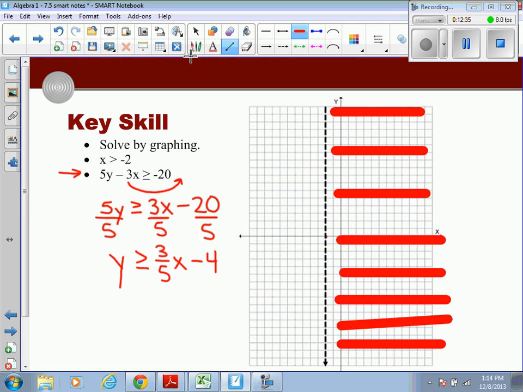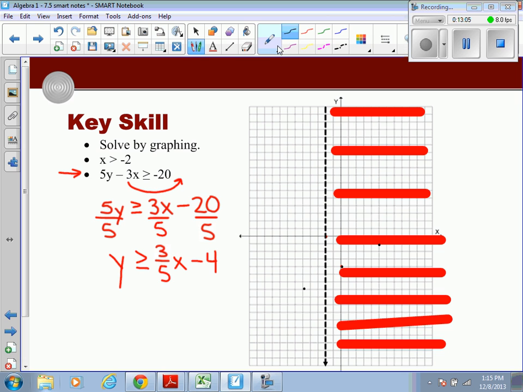Okay. Now I'm ready to graph my second inequality. This one has a y-intercept of negative 4. And then it has a slope of 3/5. So from here I go up 3 over 5, and I can go down 3 over 5.